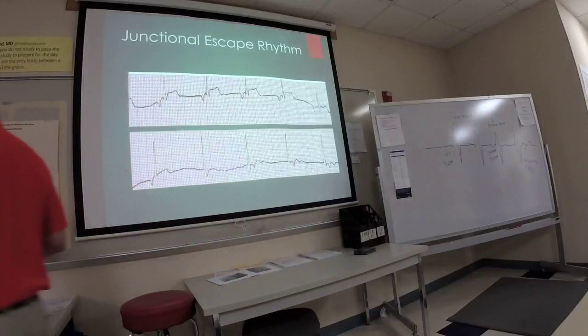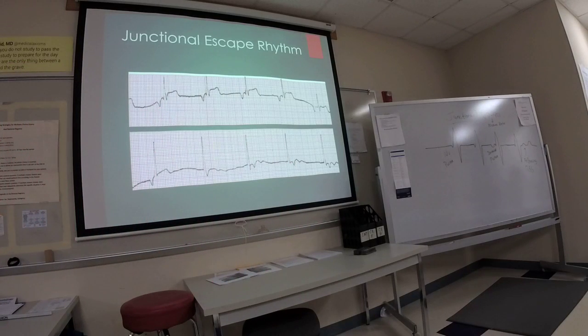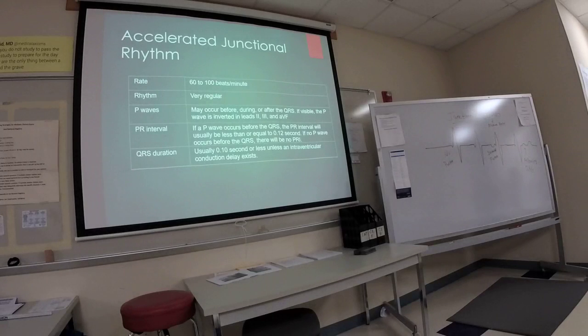It's going to be junctional. And so a junctional rhythm just tells you that, hey, something's wrong with the SA node. Maybe there's a blockage there. There's not getting blood flow. It knocked the SA node out. Okay, there's an electrical problem for sure.